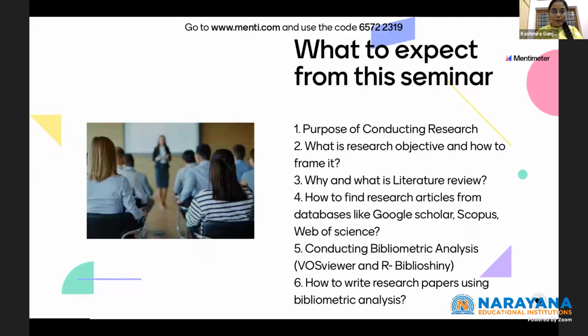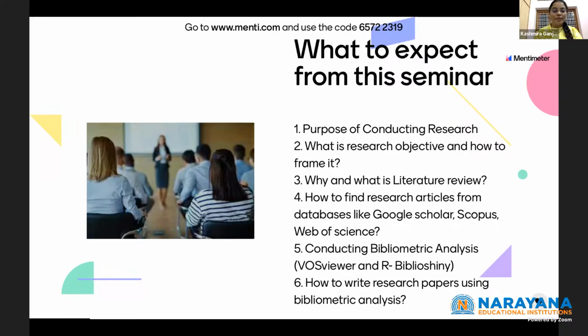Most of you might know it, but still we would give familiarity about how to do it in the right process. And then we will guide you through how to make use of these retrieved articles in an intelligible form. And also we will demonstrate how to conduct a literature review using bibliometric analysis.